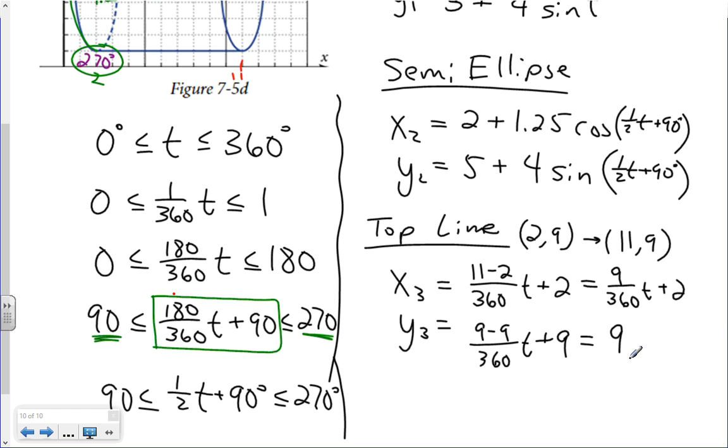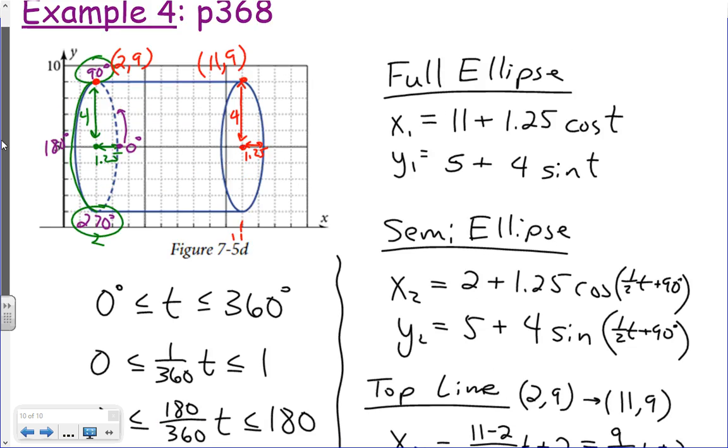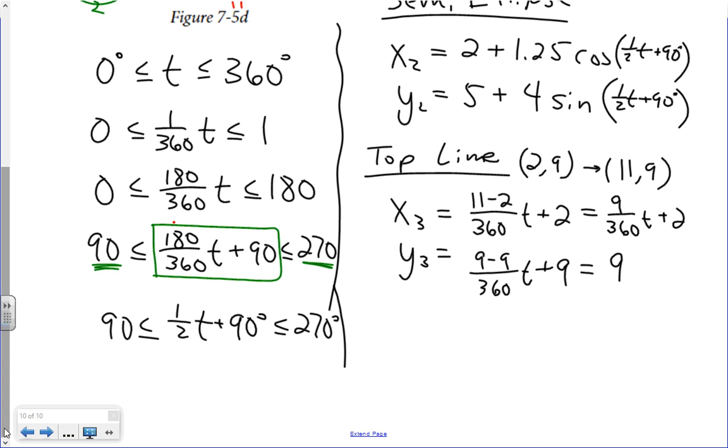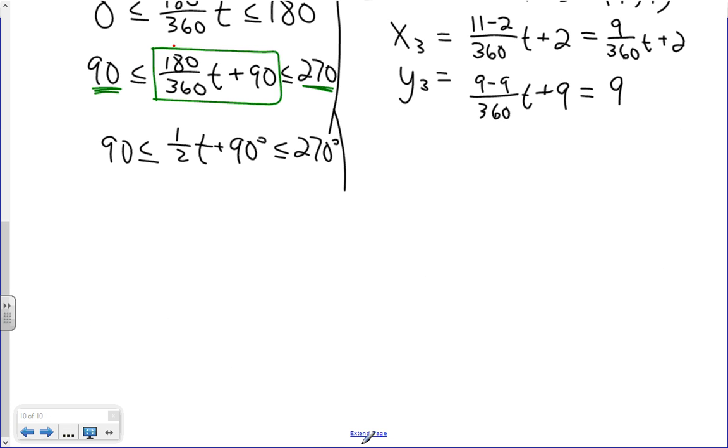We end up with just 9, which should make sense to you since it's a horizontal line. The y value there is always 9. Doesn't matter where you're at in terms of t or in terms of x. What's the y value I'm plotting on this line? 9, 9, 9, 9. Everywhere is 9. So actually, that one I didn't have to go through so much work, but nonetheless, the formula still works out.